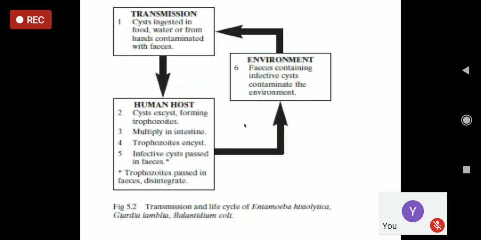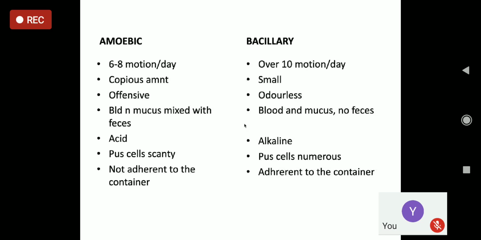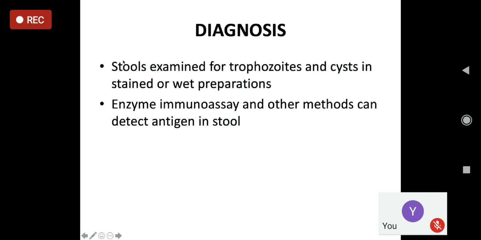Now, the diagnosis is mainly by the demonstration of trophozoite and cyst of Entamoeba histolytica in the stool sample by direct microscopy. That is the main diagnostic tool.